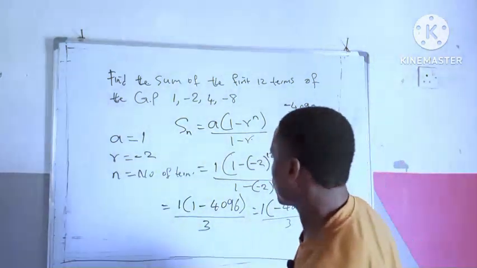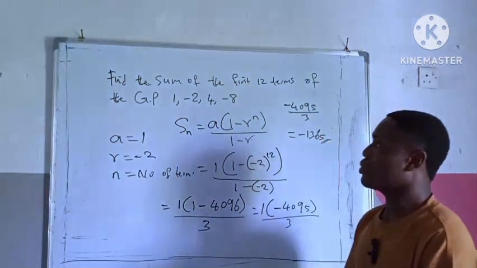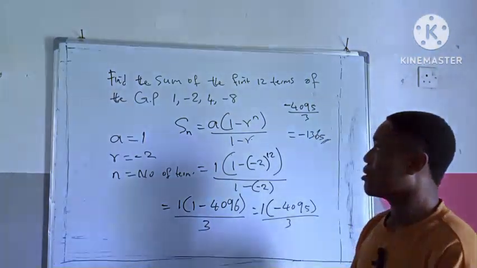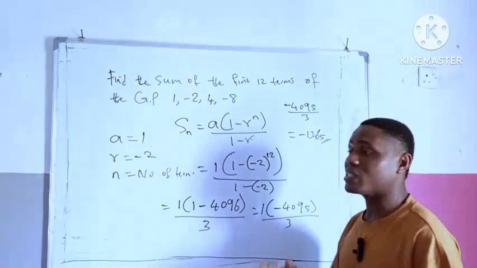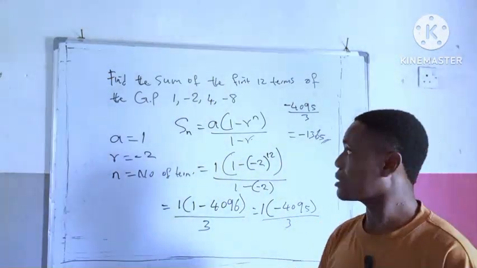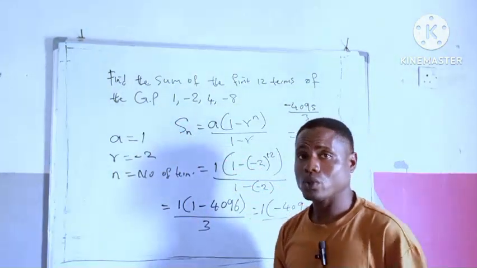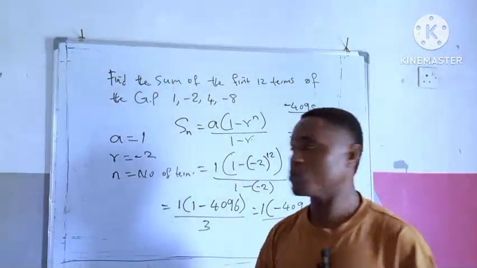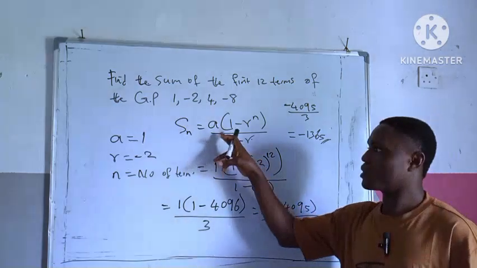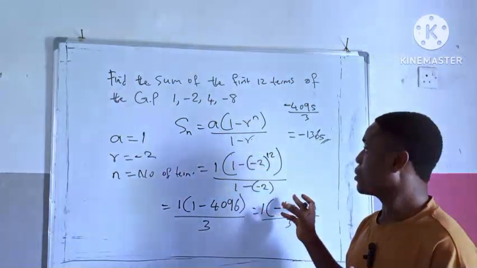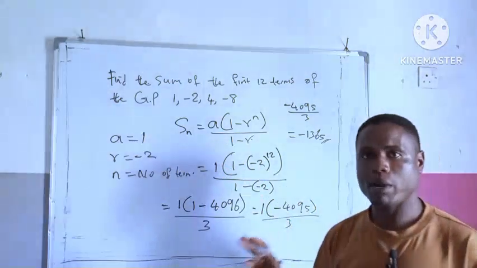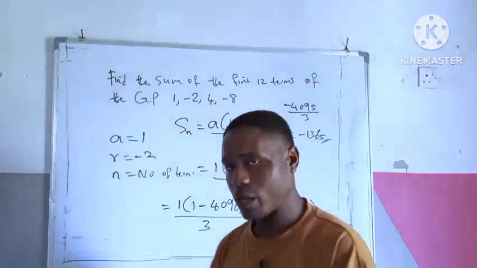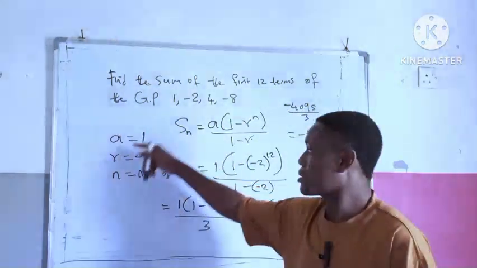Very simple. Now take note of this formula. Once you are asked to find the sum of terms in a GP, geometric progression, this is the formula: S_n = a(1 - r^n) divided by (1 - r), where a represents the first term.